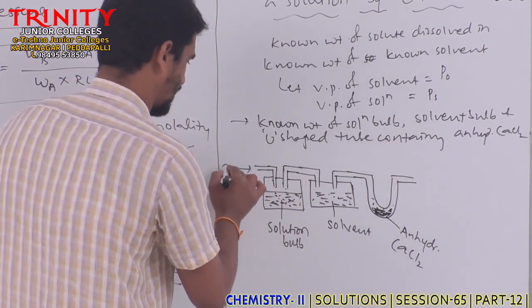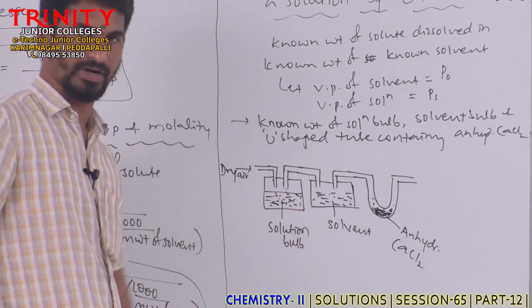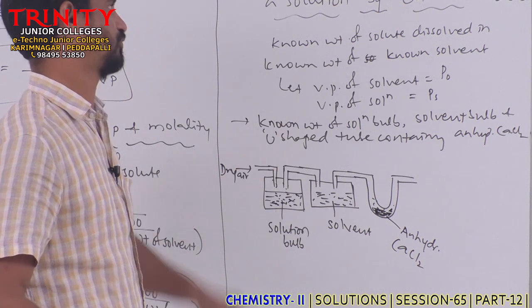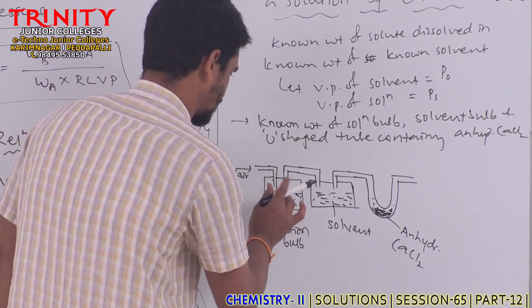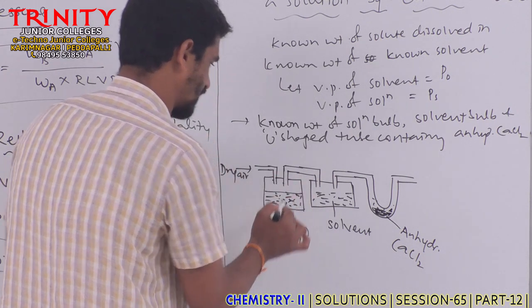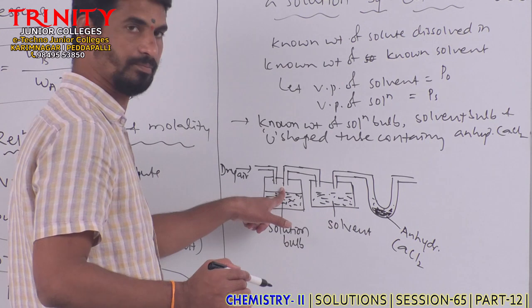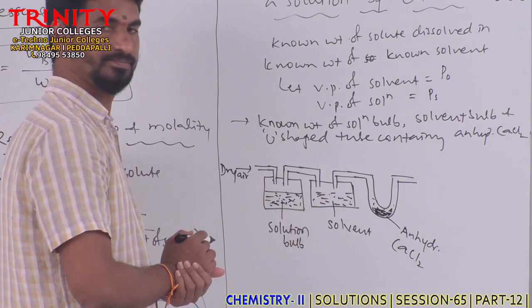Now dry air is passed into this apparatus. When air enters, the solution vaporizes and some vapors are present, so the dry air absorbs some vapors in the solution bulb. By that, the weight of the solution bulb decreases.